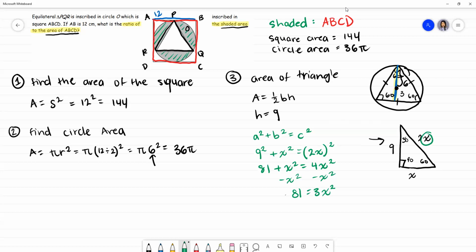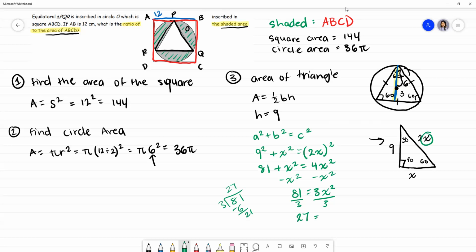And if we square root on both sides, we get, not square root. PEMDAS is very important right here. We do reverse operations, so divide by 3 on both sides. We should get 27.